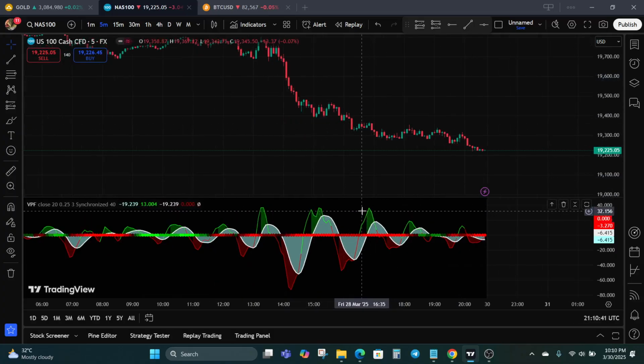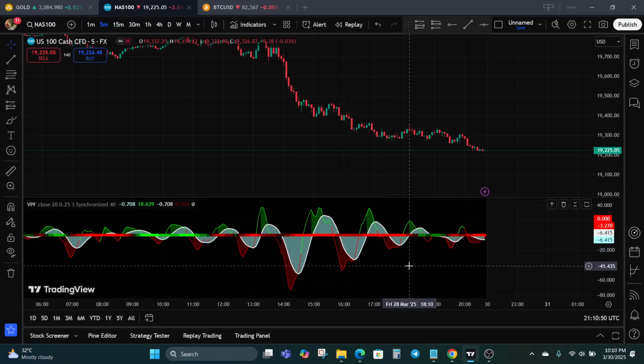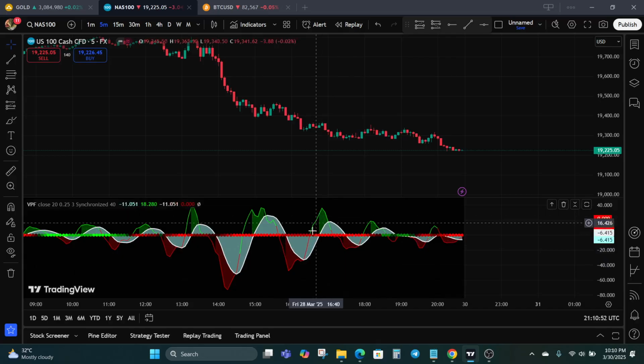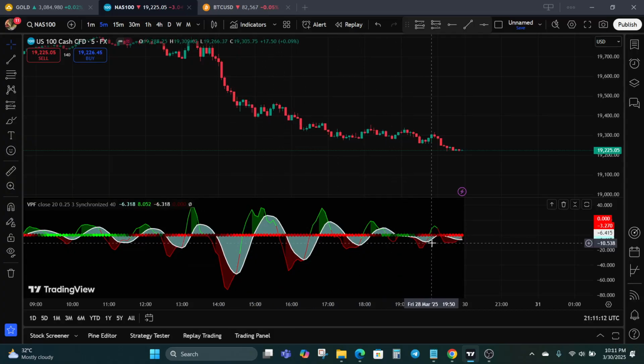If you look closely at this indicator, you're going to see that it comprises several components. You can see this line that changes from green to red, this white line as well, and the dots. The dots change color and shades, so you can see there are different shades of red and different shades of green.